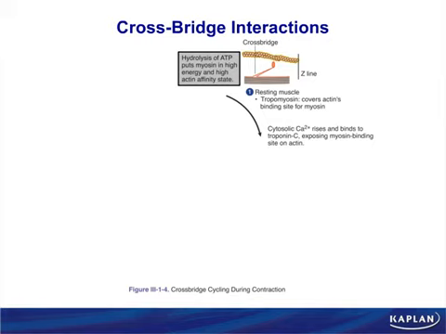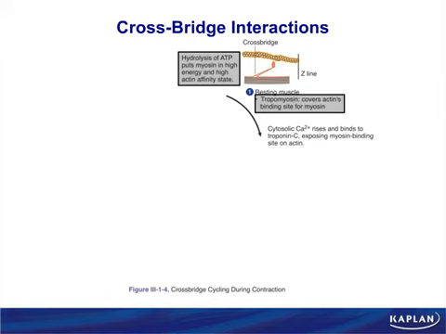Here we are in the resting state. Actin and myosin are not interacting, they're not binding, but myosin has split ATP. So myosin, remember, when it splits ATP, it's in a high energy, high affinity state. High affinity for the actin molecule. It really, really wants to bind to actin, but it can't because tropomyosin is covering the binding site on actin for the myosin protein.